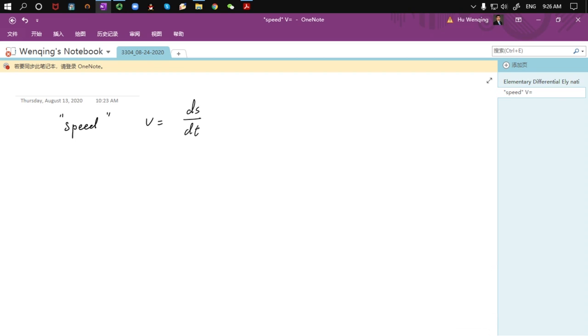Besides the speed, there's another notion which we sometimes call the acceleration. So what's the acceleration?